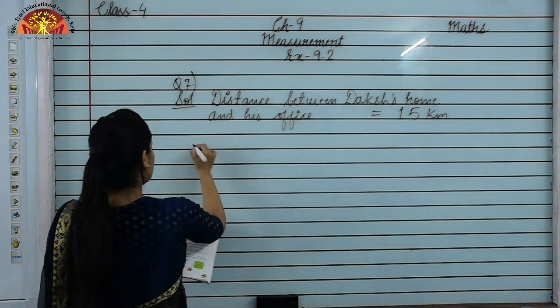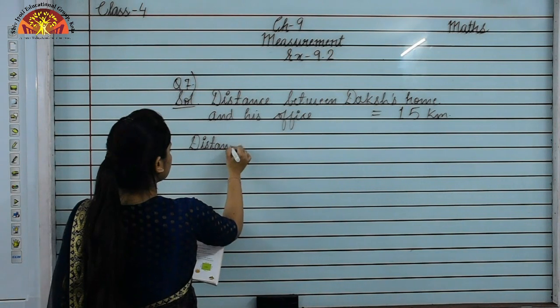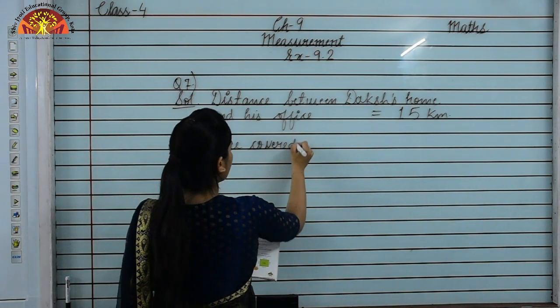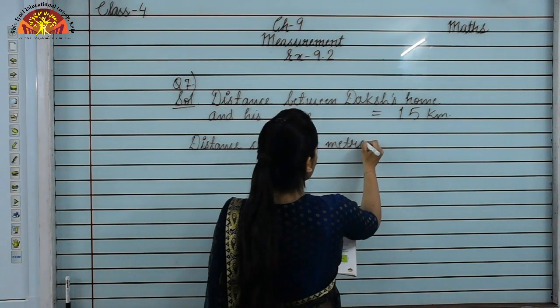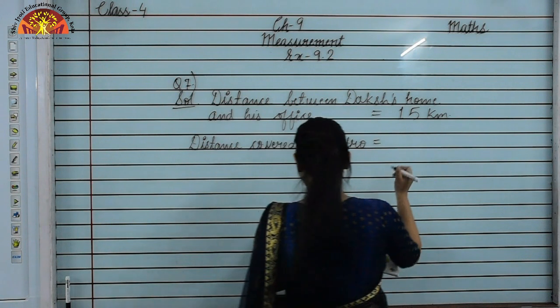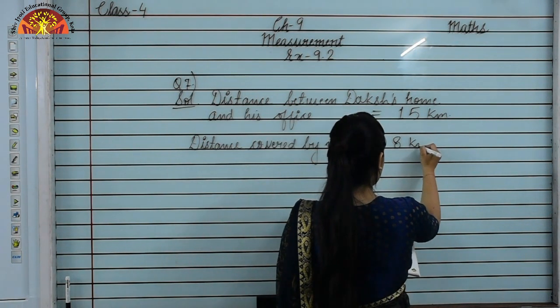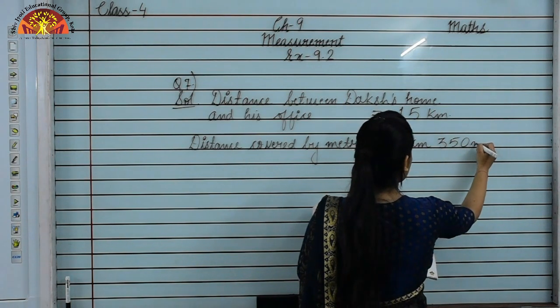Now distance covered by metro is equals to 8 kilometer and 350 meter.